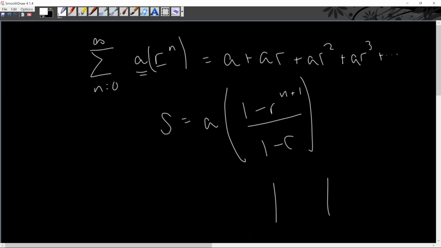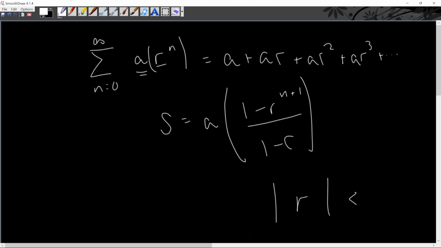So we'll say that the absolute value of r is less than what? We said r cannot equal 1, and I sort of spoiled it, but r can't be greater than 1 either, right? Let's think about r is equal to 2.